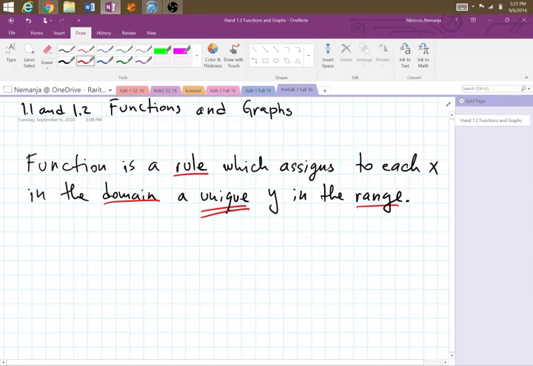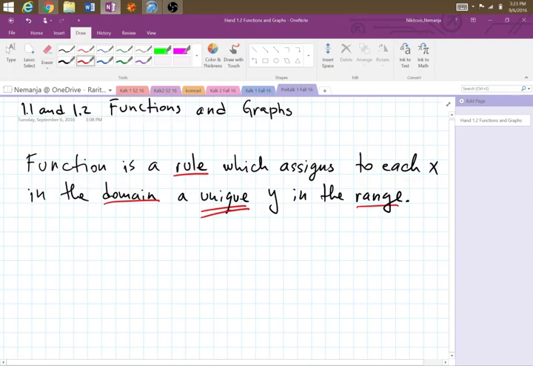So we have 3 words that are underlined once. The rule. And the word rule refers to a formula of some kind. So if I say y equals x plus 5, there is a rule which is different than y equals x squared, which is different than y equals sine x or anything like that.